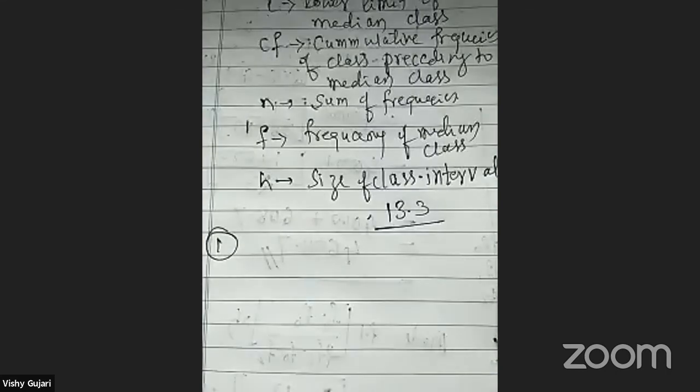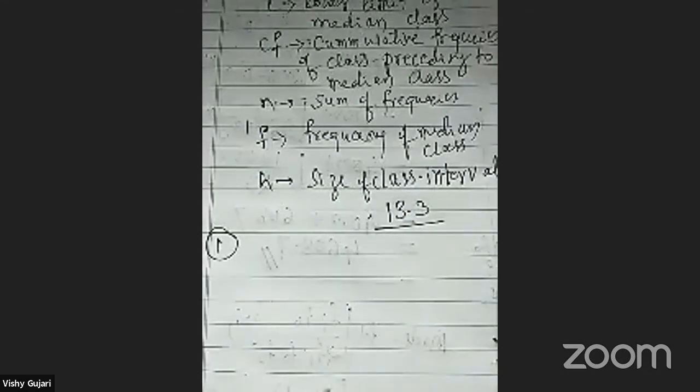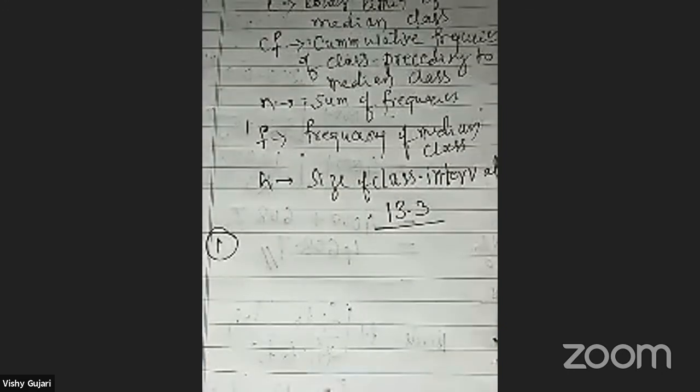Find the median, mean and mode of the data. Look here, in the problem he has asked to find all three, but we have already practiced how to find mean and mode. So we are considering only the median for this problem.